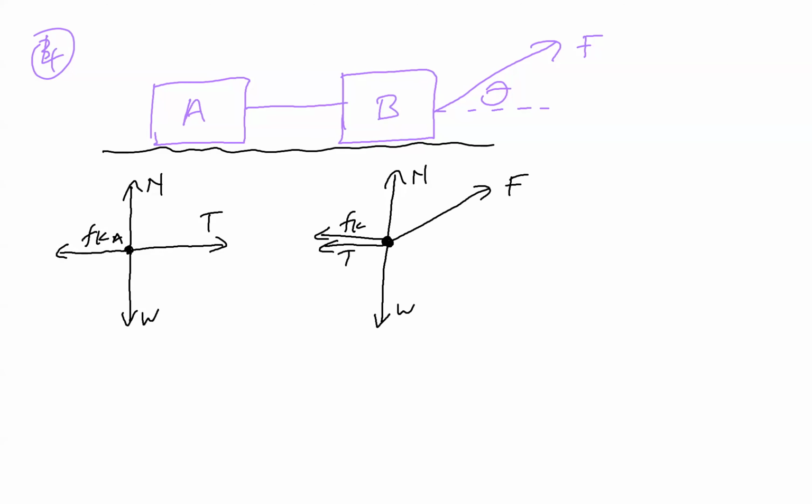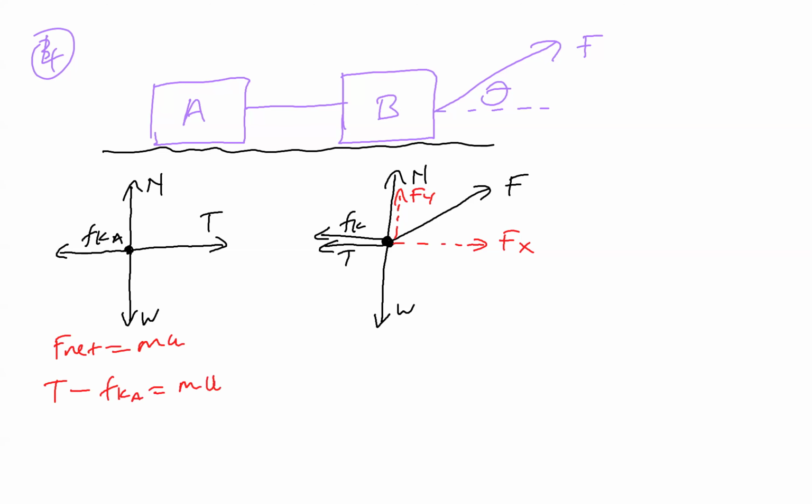Now, you can see F is applied at an angle. We have Fx here and Fy here. So let us define Fnet. Fnet is equal to Ma. On this one, T minus Fka is Ma.